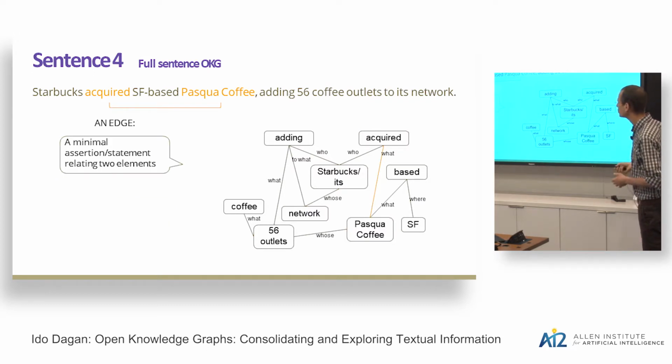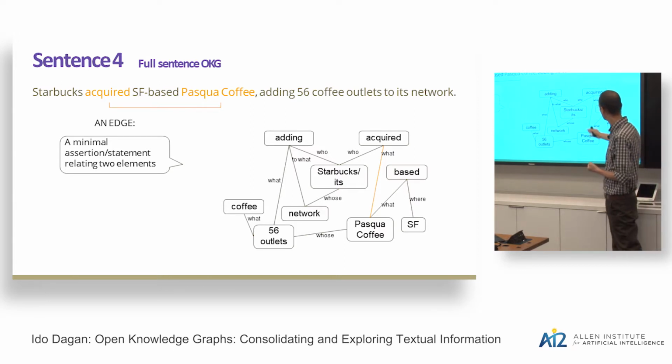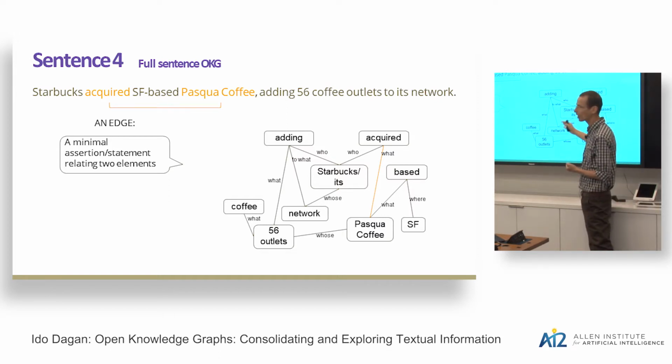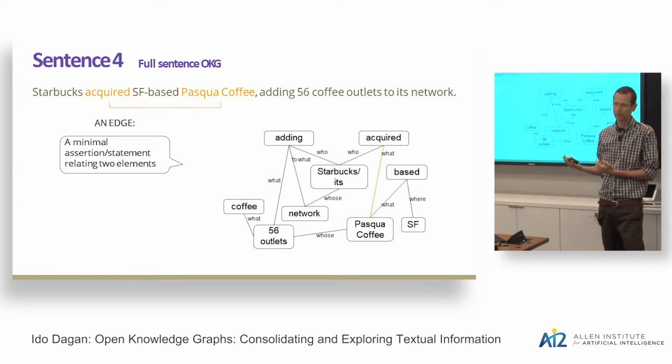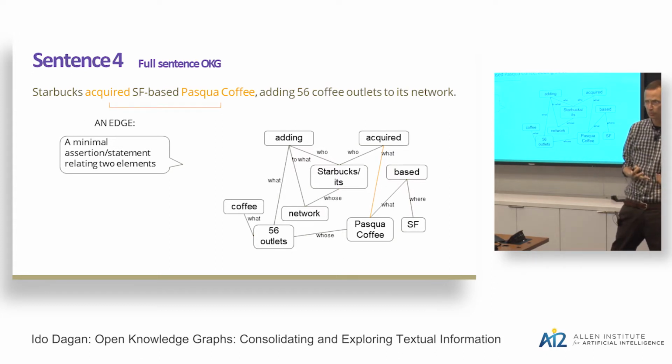Okay, now about the edges. An edge represents a minimal statement, similar to other formalisms, that connects two elements. It can be between a predicate and its argument, but it can also be between two nouns, like the Starbucks network. It implies a relationship, that this network belongs to Starbucks.